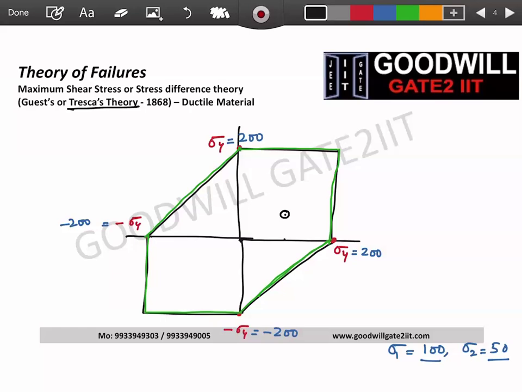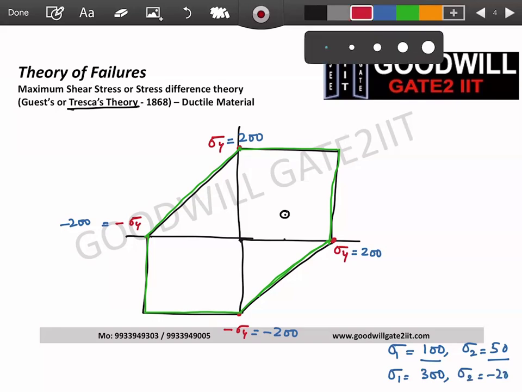Now, let's take an example. If your sigma 1 is 300 and your sigma 2 is minus 20, see where it is? Sigma 1 is 300, so you are here, and minus 20 here. So definitely you people can see this is a fail, right? Let's take another example.